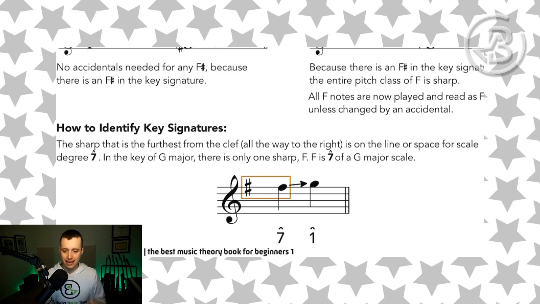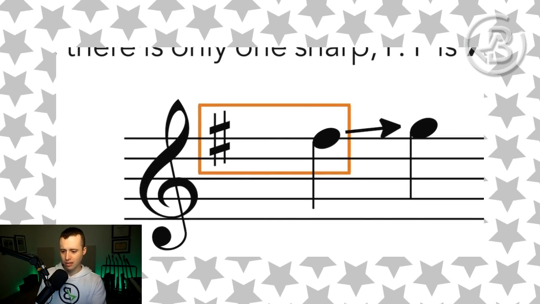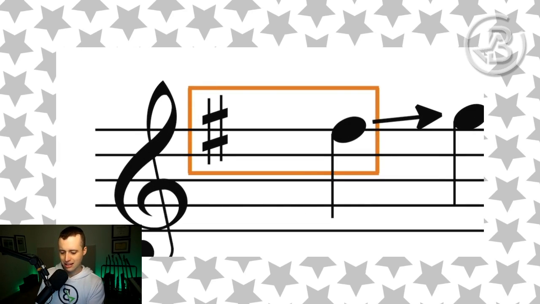If you can't already tell by thinking about it, all the notes of a G major scale, we only have an F sharp. Just like we talked about before, this key signature is really showing us this. It's saying, okay, in this key signature, there's a G, there's an A, there's a B, there's a C, there's a D. Notice I'm writing these letter names on the lines where these notes would go.